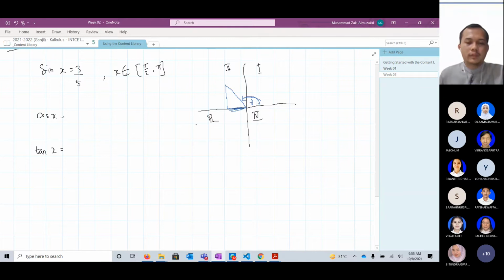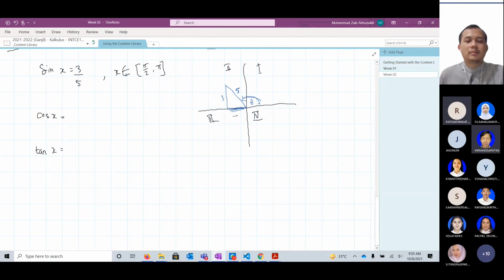Where should I put 5? Is 3 in the vertical line or in the horizontal line? Vertical. And 5, where should I put it? The hypotenuse. Here.